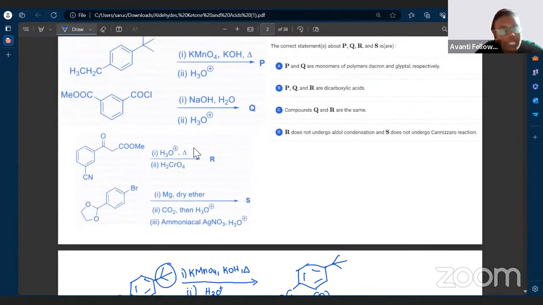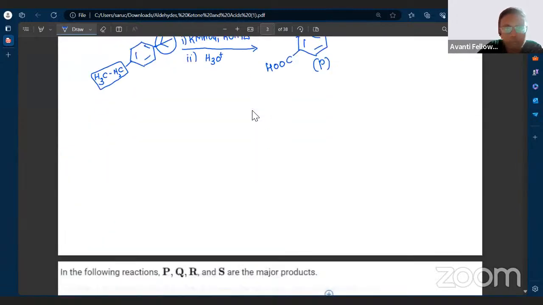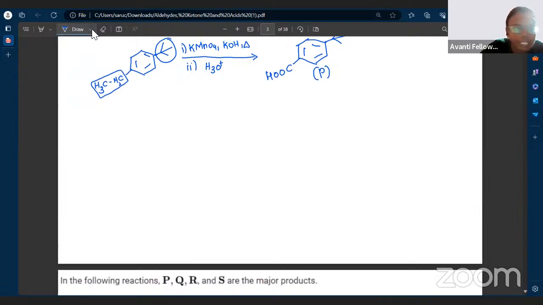The second reaction given is: in the benzene ring you have COCl and at its meta position you have COOMe. You are treating it with NaOH, H2O and hydrolyzing it. What would be Q? So write down the product Q. I'm writing down the second reaction.